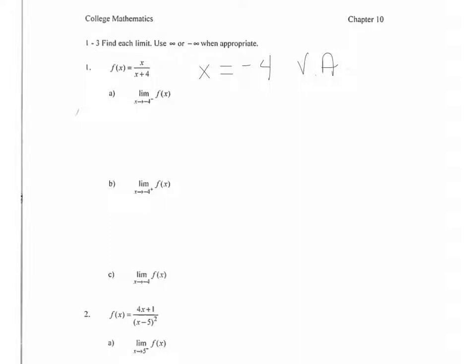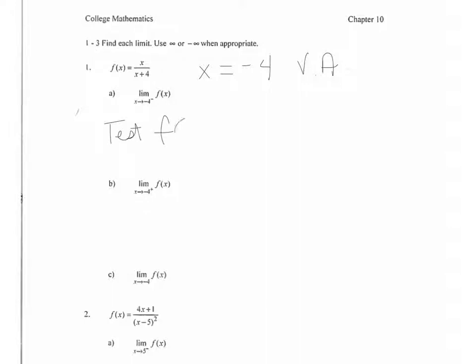Now, what I need to try to figure out is, would it be approaching a negative infinity or a positive infinity? And the way I'll do that is I'll pick a number that's on the side that I'm approaching from. So if I'm supposed to be approaching -4 from the left, give me a number that's pretty close to it, but is on the left side of -4. -5.